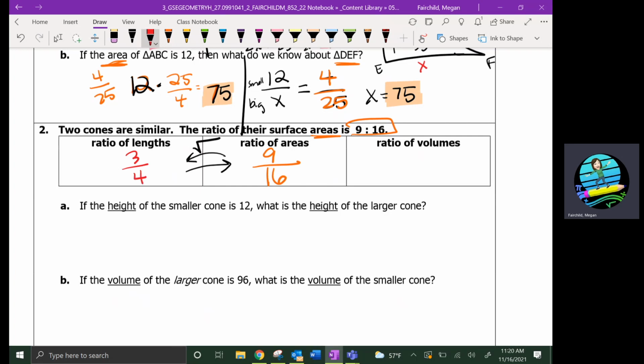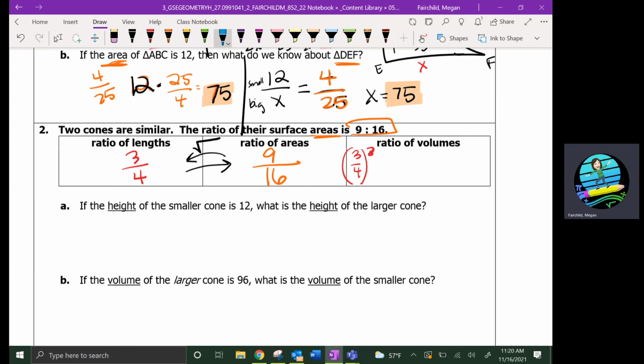Now, here's the trick. In order to find the volume ratio, you have to use the side ratio and cube it. You can't do something to the area ratio to find the volume ratio. Did everybody hear that? You're not using the area ratio. So you're going to take the side ratio and cube it to get the volume ratio.